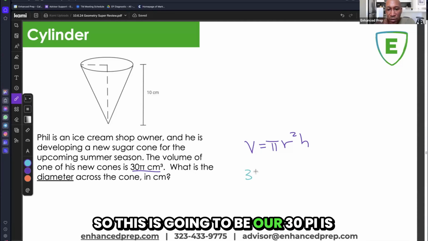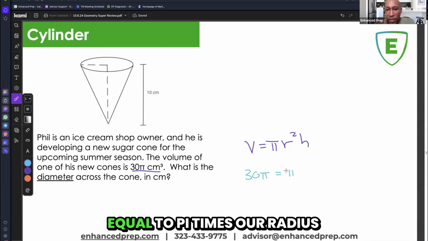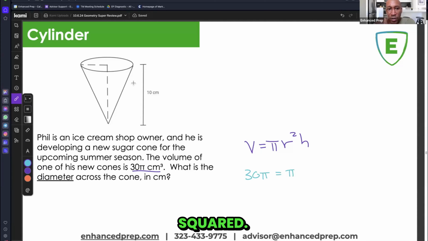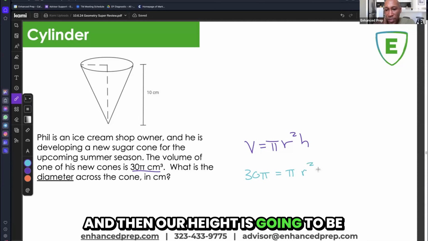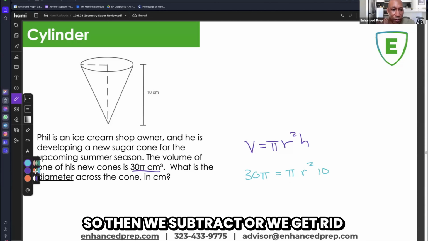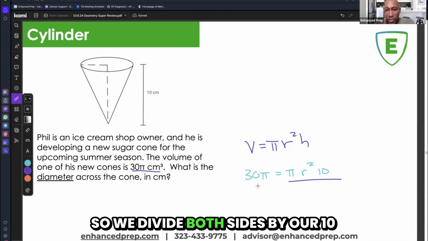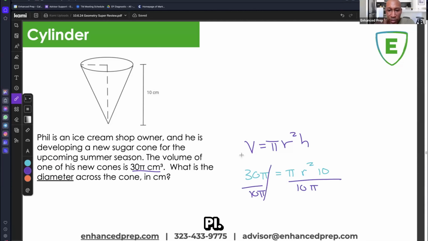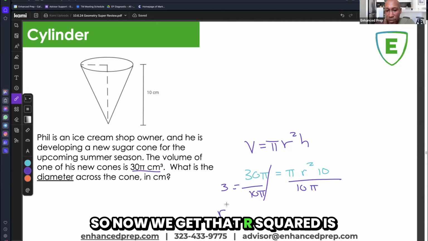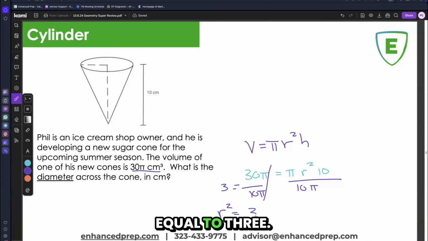So we have 30 pi is equal to pi times our radius squared. Well, what's our radius squared? We don't know. That's what we're looking for. And then our height is going to be 10. So we divide both sides by 10 pi, and those cancel out. We know that this is equal to 3. So now we get that r squared is equal to 3.